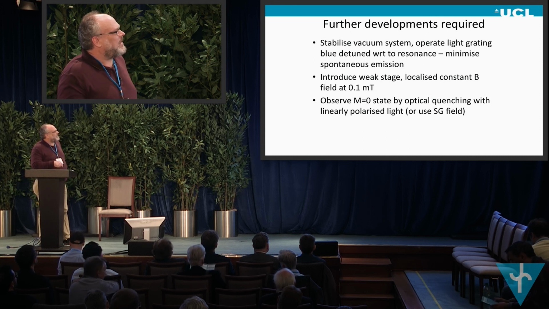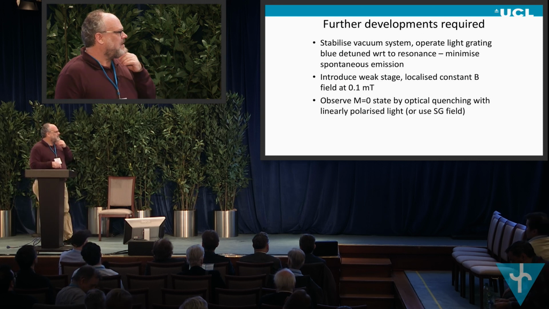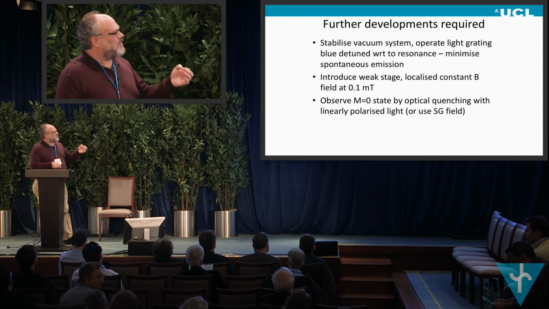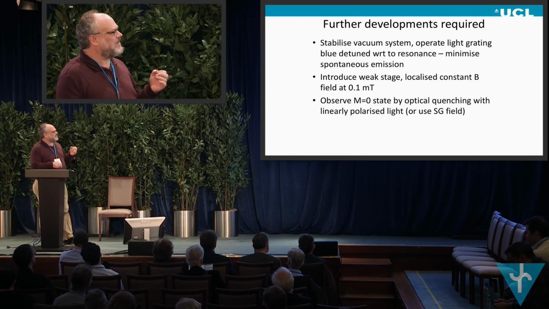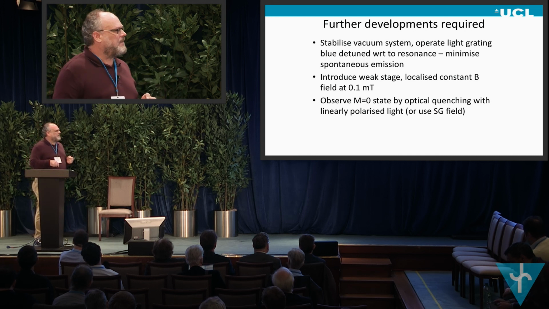And as I said before, we don't need to look at all of those M states. We can really look at the case where we turn off the magnetic field, and look at essentially no weak measurement, and then look at this M0 state with the phase encoded in it.